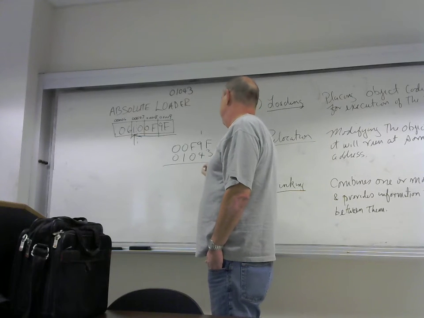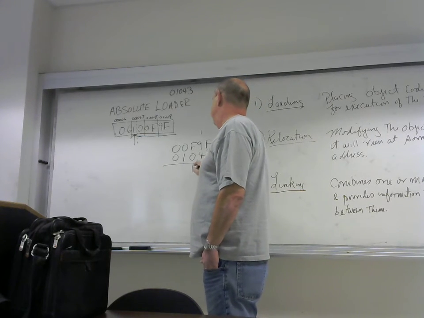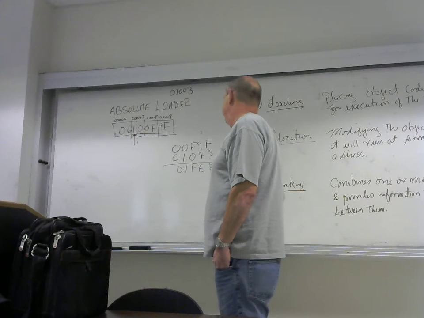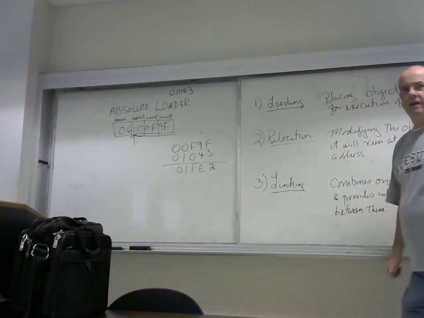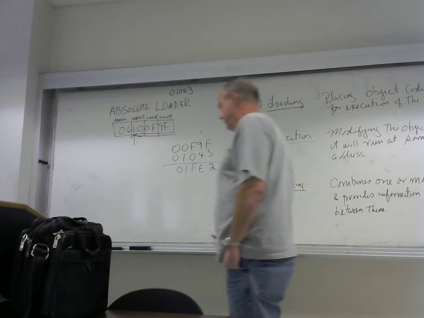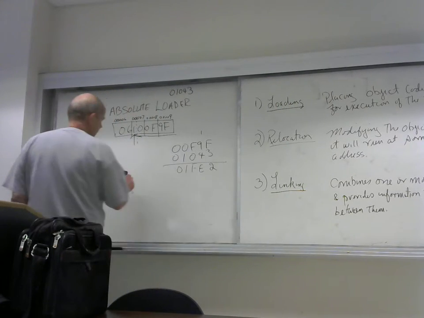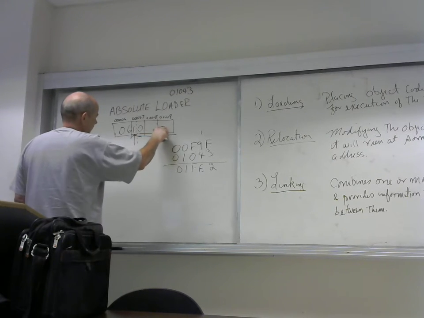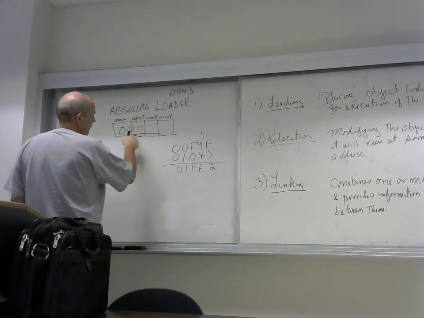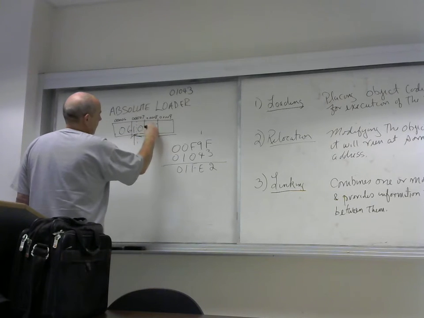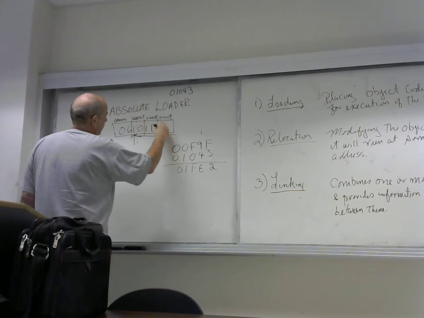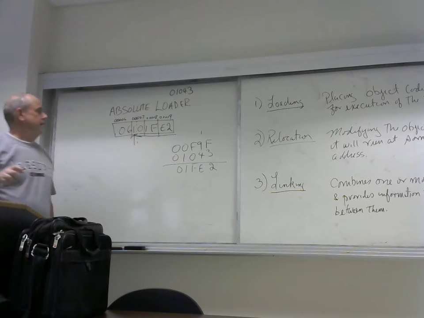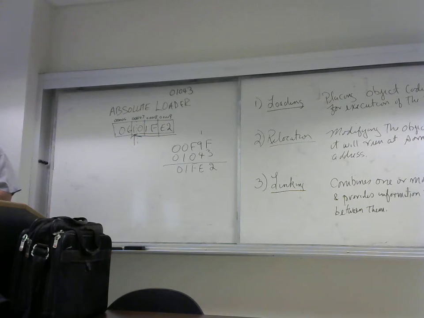A, 4, E, F, 1, C. So as we're loading this piece of memory, we change this to 0, 1, F, E, 2. That's what's actually loaded into memory as modified.